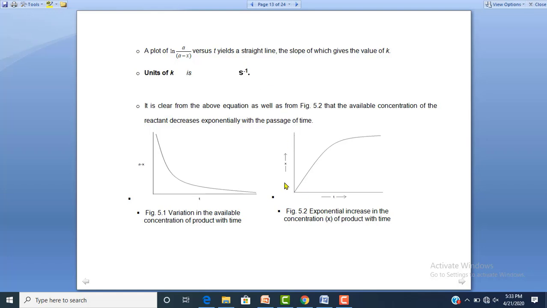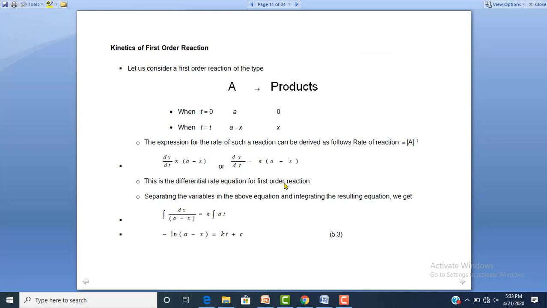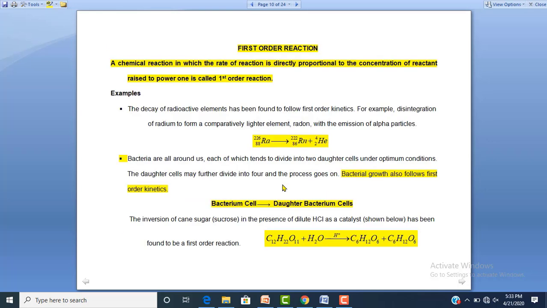Dear students, if I summarize the main points of the first order reaction, you have to remember the following important points. Number one, a first order reaction is a chemical reaction in which the rate of reaction is directly proportional to the concentration of reactant raised to power 1.